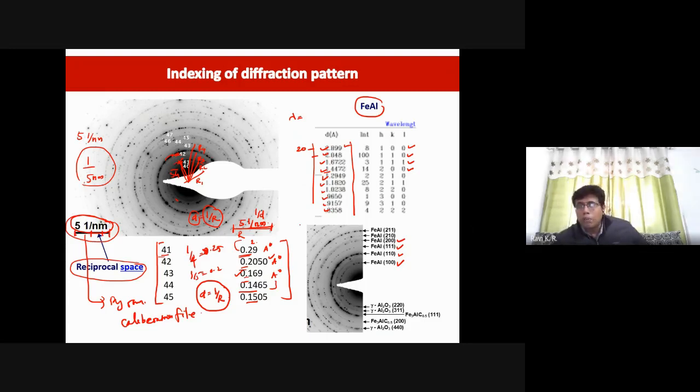Basically, you are going to have the intensity profile. This we call the beam stopper. From the intensity profile you can easily calculate this value. The software makes that measurement very easy. Especially locating the central spot is very important. Once you do that, you can easily calculate it.